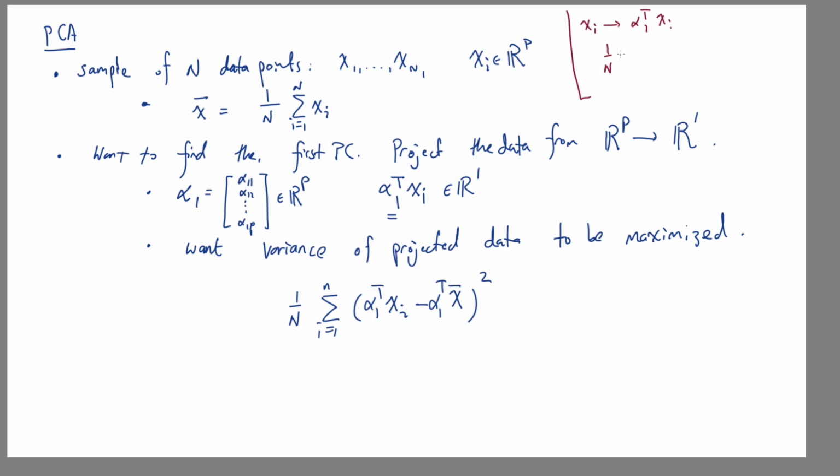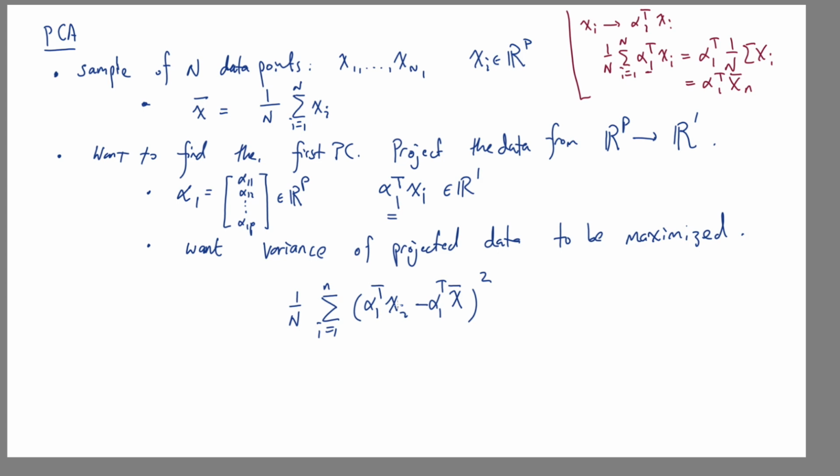It's going to be 1 over n times the sum of alpha 1 transpose xi, right? This alpha 1 can be taken outside of the summation because there's no index and everything is linear. So this becomes alpha 1 transpose 1 over n sum of xi, which is alpha 1 transpose x bar n.